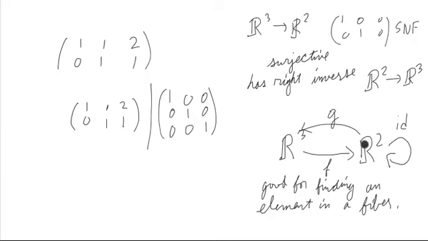A right inverse is a function or a linear transformation that goes back the other way, such that when you compose it like this, so you first run this one and then this one, that's the same thing as just doing the identity on R2.